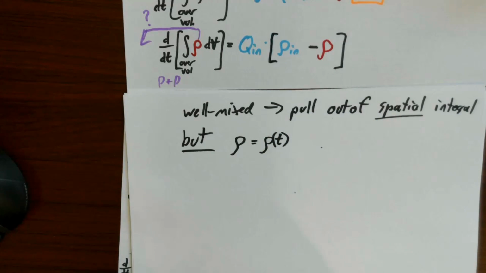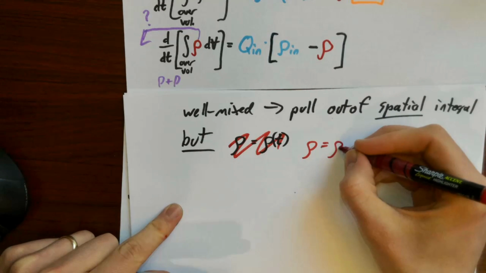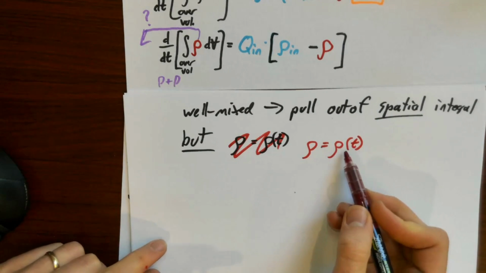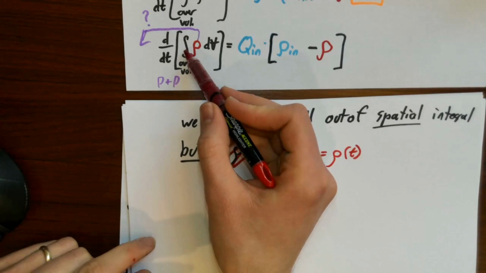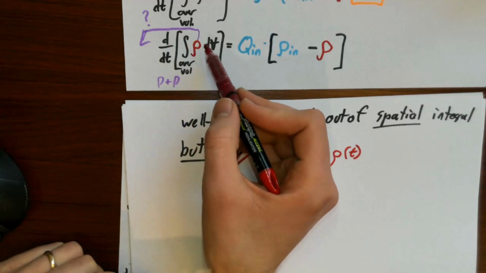And if this density is a function of time, can we pull it out of a time derivative? Nope, we can't pull it out of the derivative.